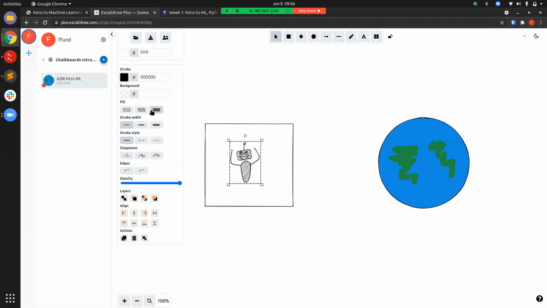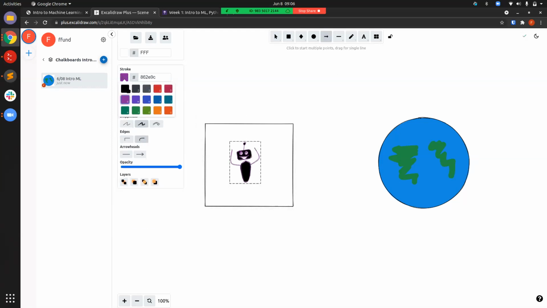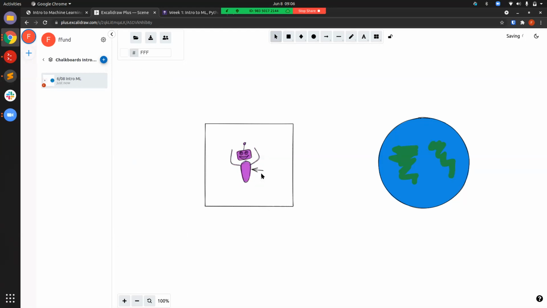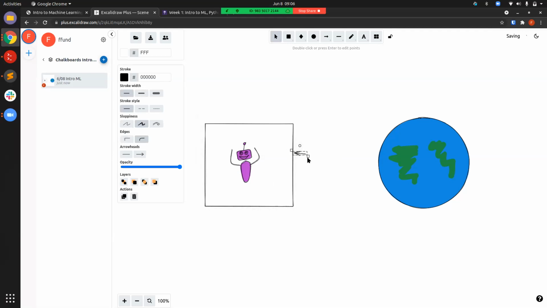So here's my machine learning system, and it's going to get some input from the world and produce some actionable information that can then be used in the world.